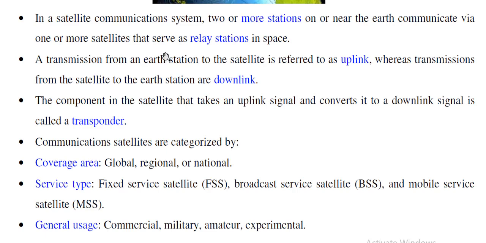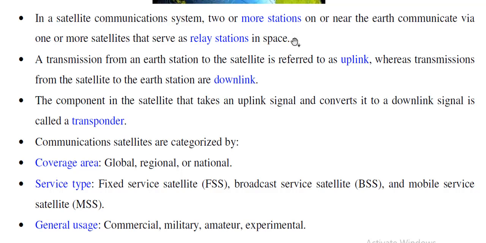So in satellite communication, we have two stations or more on the Earth that usually are not in line of sight, and they cannot communicate with the regular waves, the ground wave or the sky wave. They need to communicate with higher frequencies that need line of sight communication.